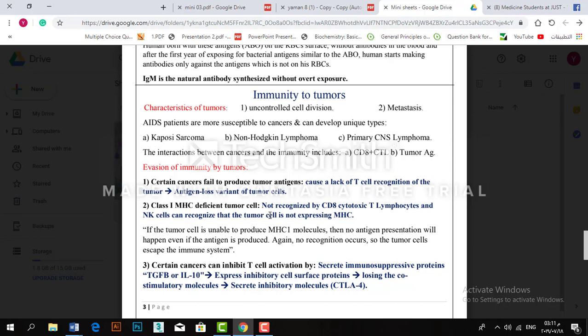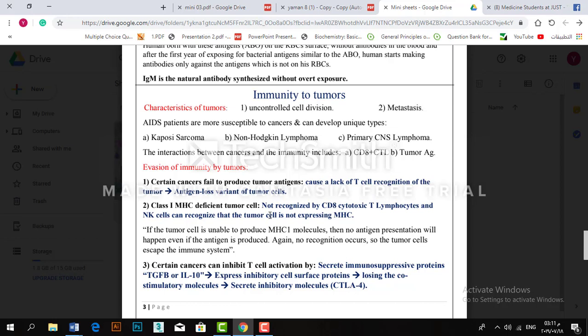Now, AIDS patients can develop cancers like Kaposi sarcoma, non-Hodgkin lymphoma, and primary CNS lymphoma. Why can AIDS patients develop these cancers?